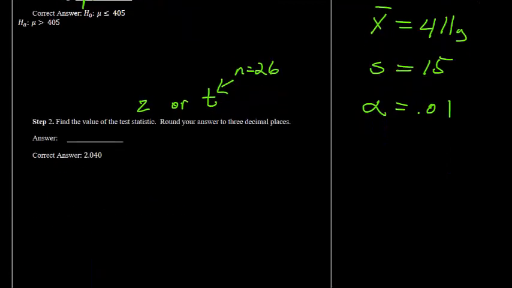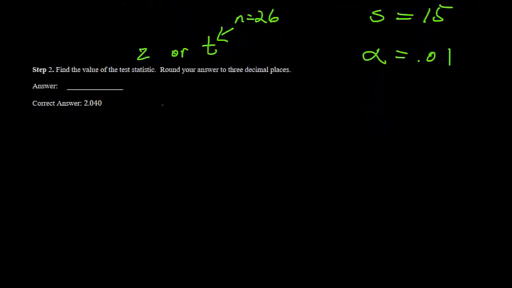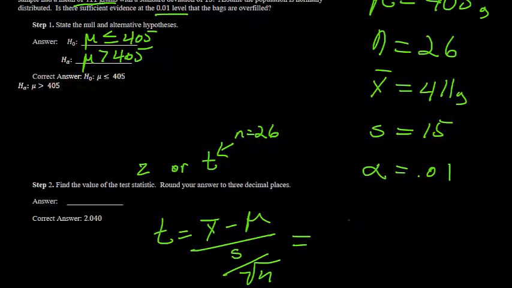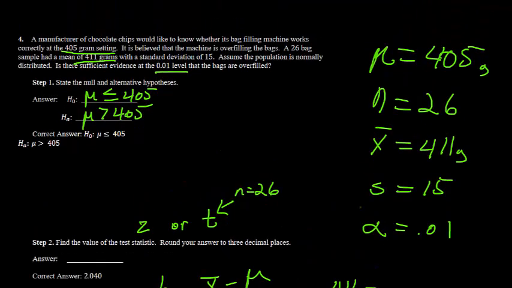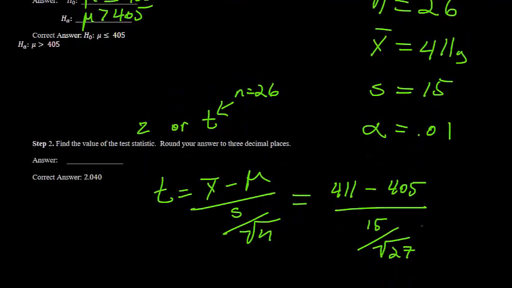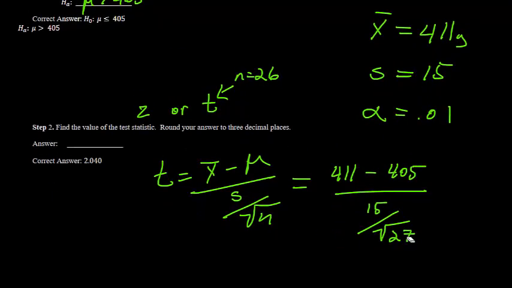And let's go look at how we calculate the T. Not a big stretch from what we were doing before. X bar minus mu over standard deviation divided by the square root of n. That looks like 411 minus 405 divided by 15 over the square root of 26.